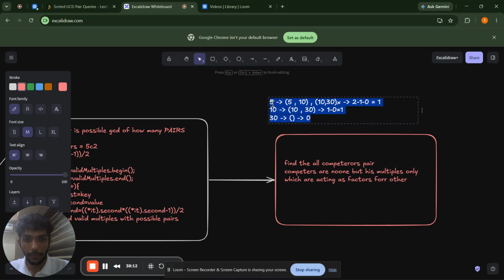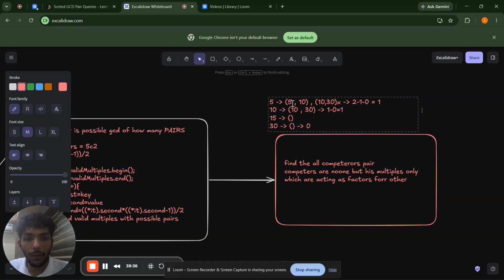Here for 5, his competitors are 10 and 30, who are its multiples only. 15 is also one of the competitors, but 15 is also forming no group.